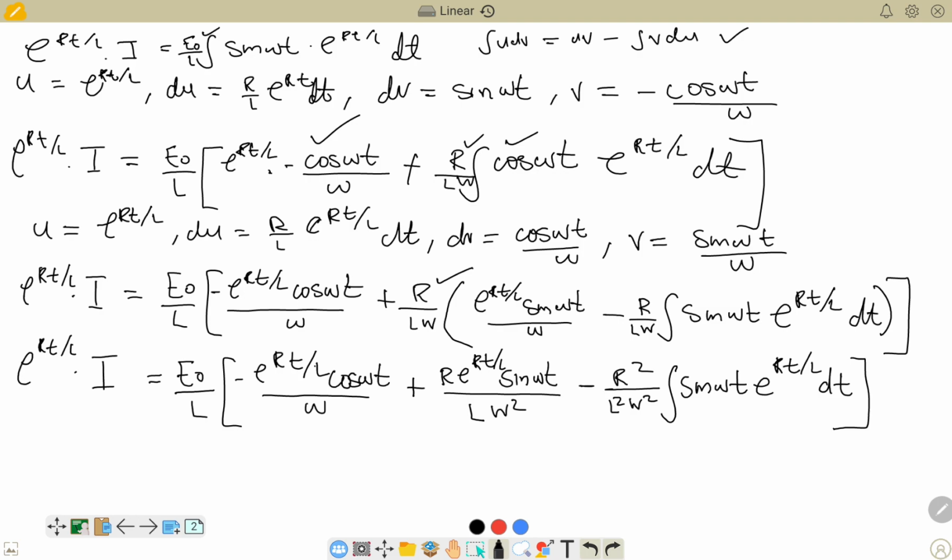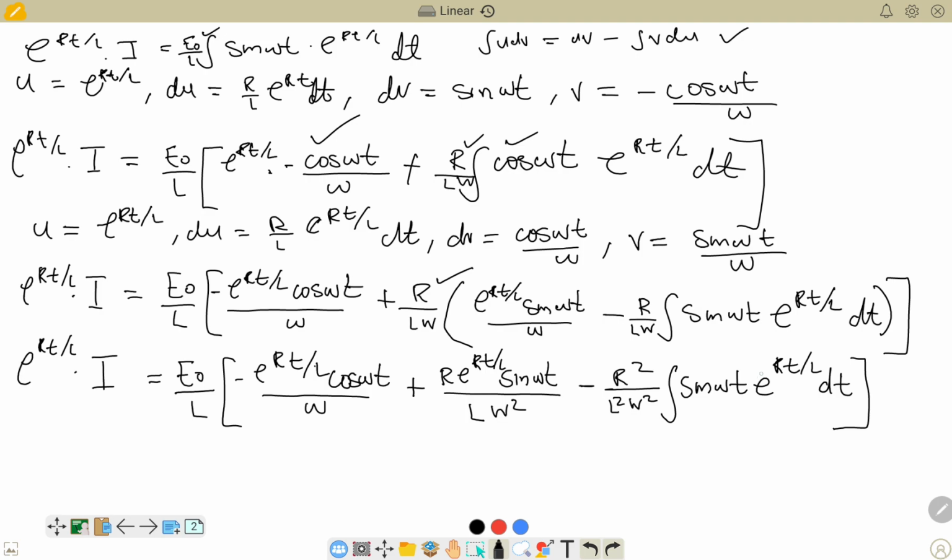So this is a little bit long because we are not working with numbers, and this integral was alternating between sine and exponential function. So we can see that we still have that one.